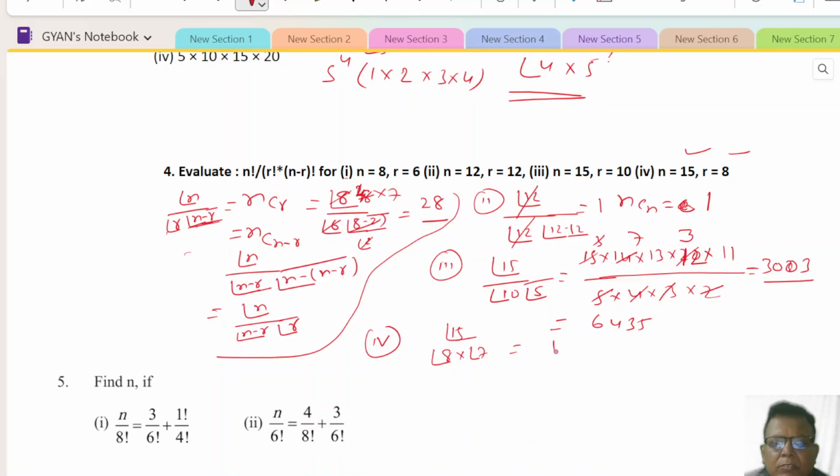So that is equal to 15, 14, 13, 12, 11, 10, 9 divided by 7, 6, 5, 4, 3, 2. This will be 6435.